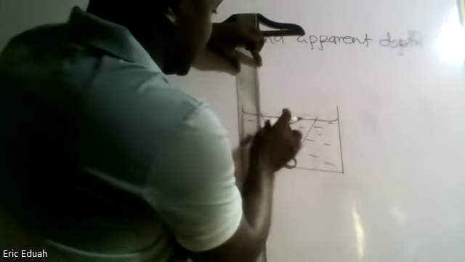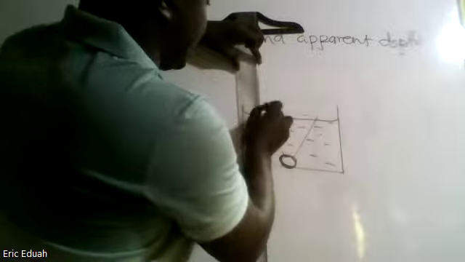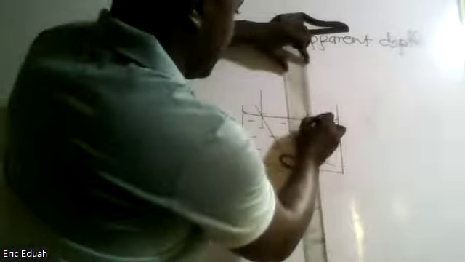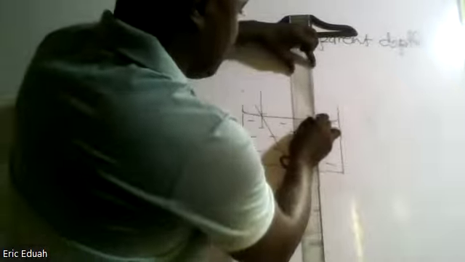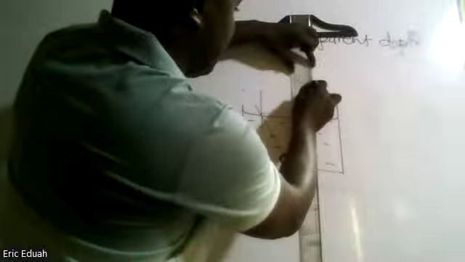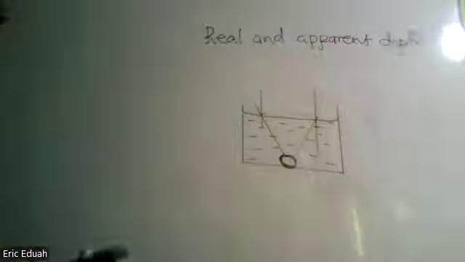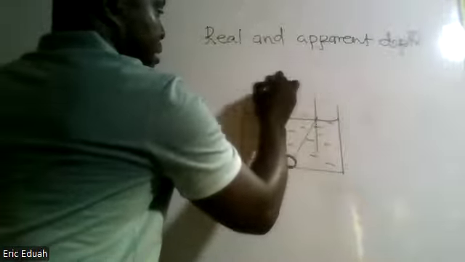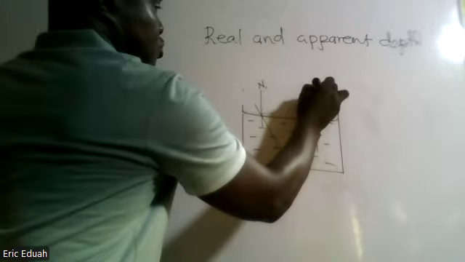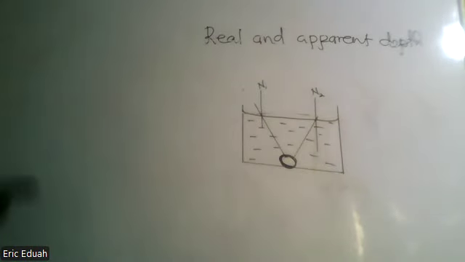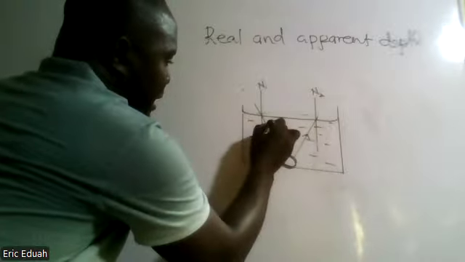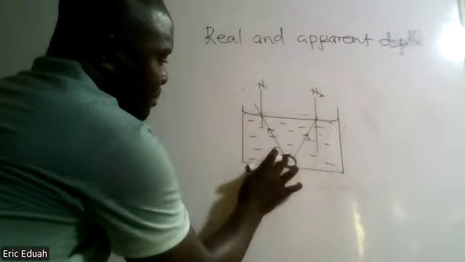Now, because it is a water-air boundary, we draw a normal. So N1, N2. These are rays coming out from the water, from the object.